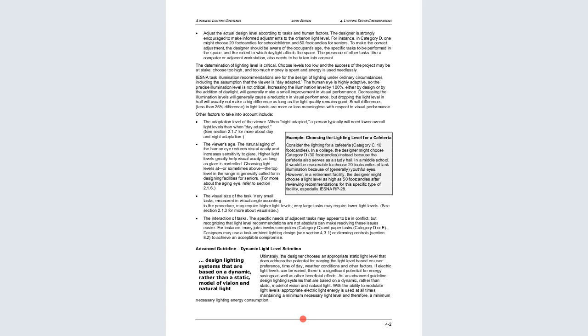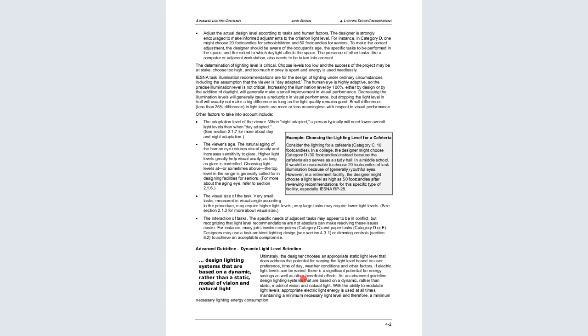Now, determination of the lighting levels is critical. Choose the levels too low, and the success of the project may be at stake. Choose them too high, and money is wasted. Factors to take into account include the adaptation level of the viewer. When night-adapted, a person typically needs lower overall light levels than when daylight-adapted.